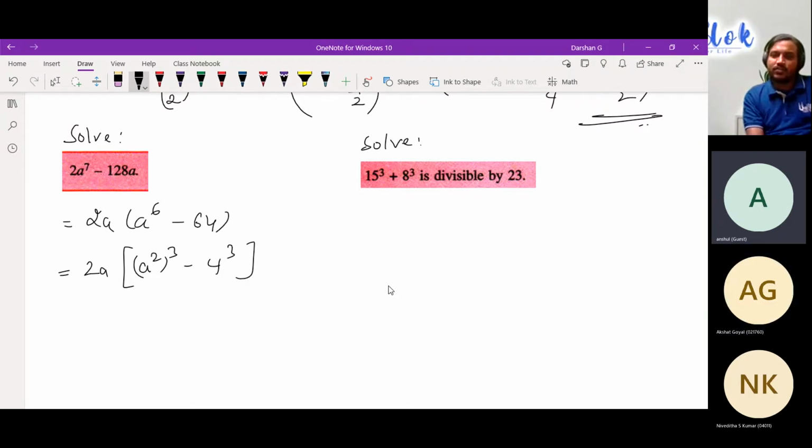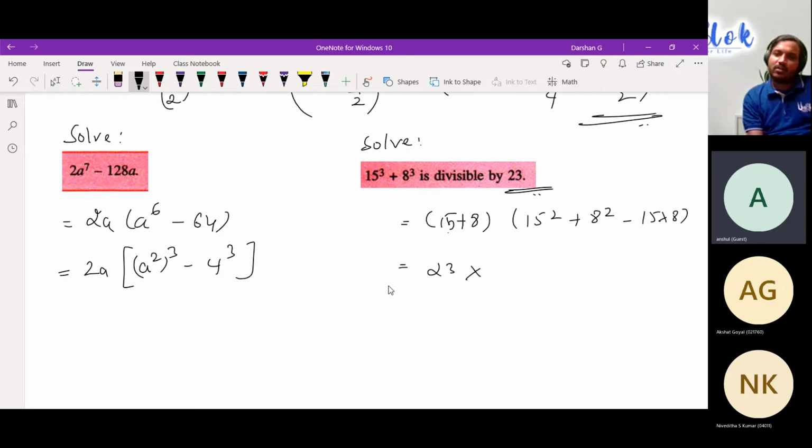So usage of these identities to find if it is divisible by the given values. So 15 cube plus 8 cube is divisible by 23. That is what we have to do. So use the same formula, a cube plus b cube formula. So it will be 15 plus 8 into 15 square plus 8 square minus 15 into 8. 15 plus 8 is 23.